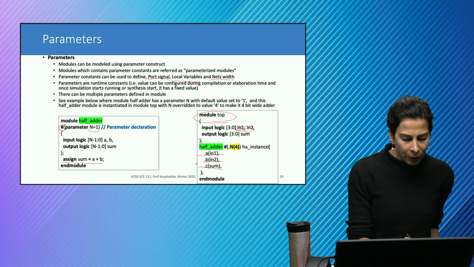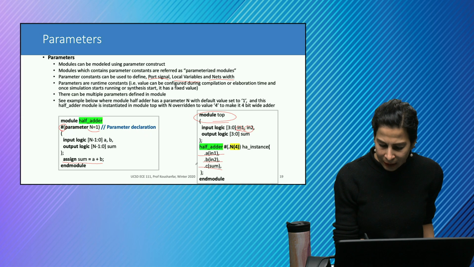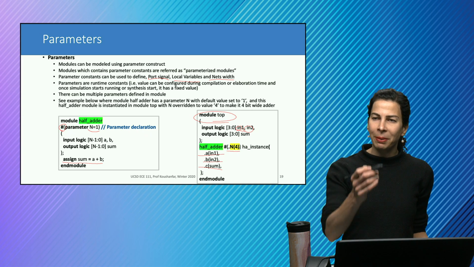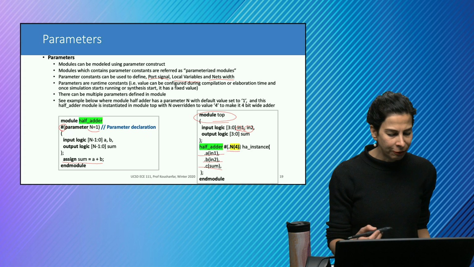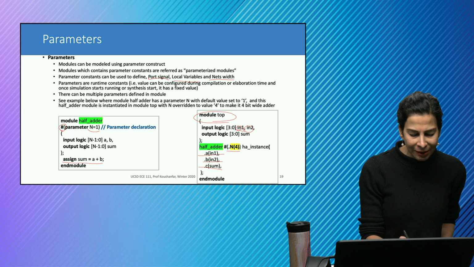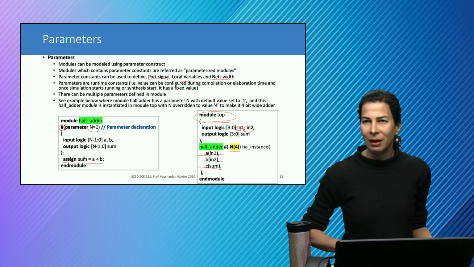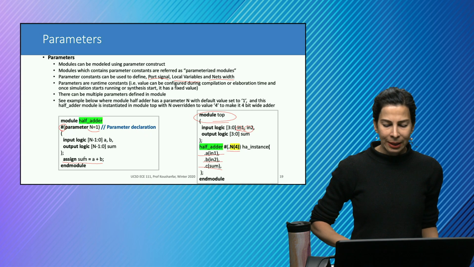Now the parameter n that we defined as 1 is going to be 4 in this instance as we pass the parameter through this function. So the sum is going to be summing up two 4-bit numbers, not a 1-bit number again.